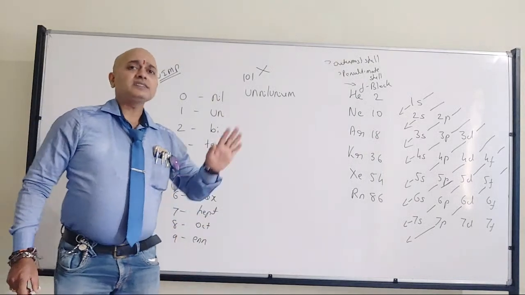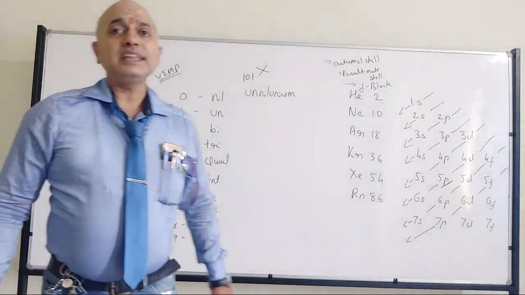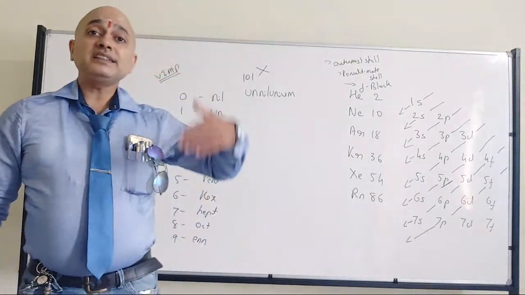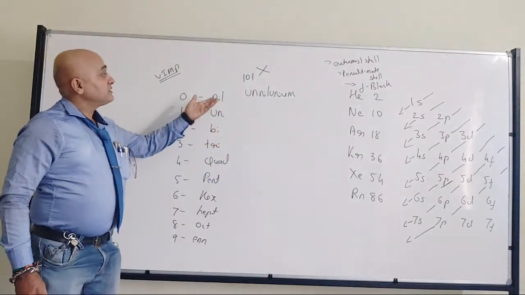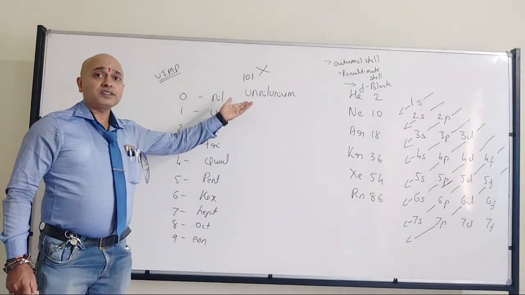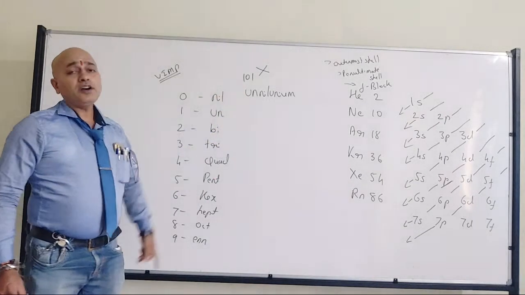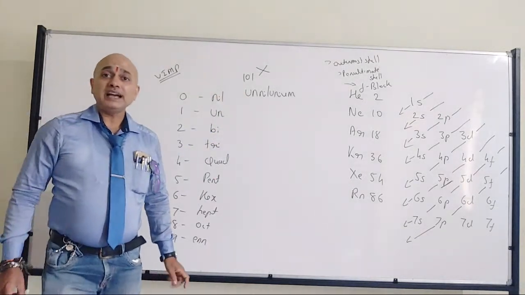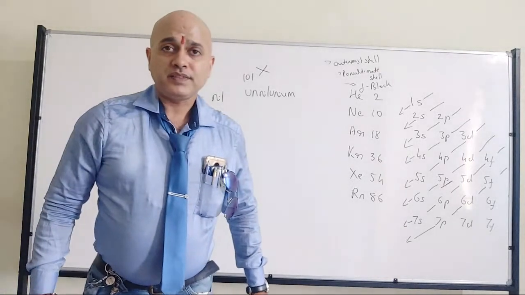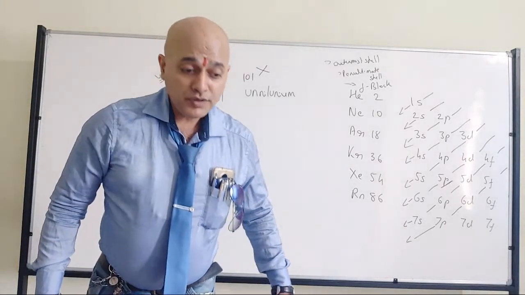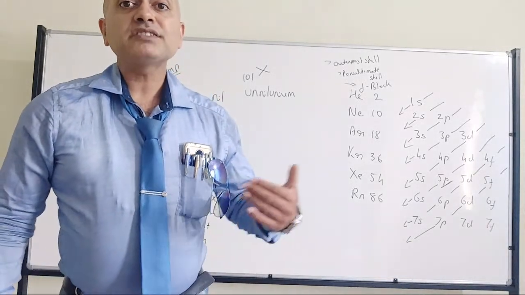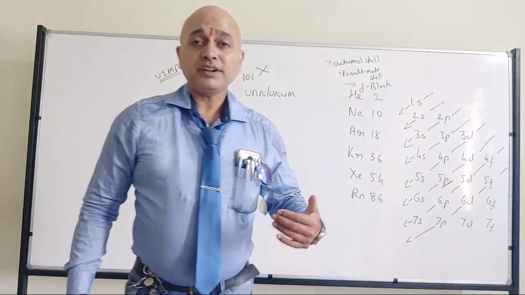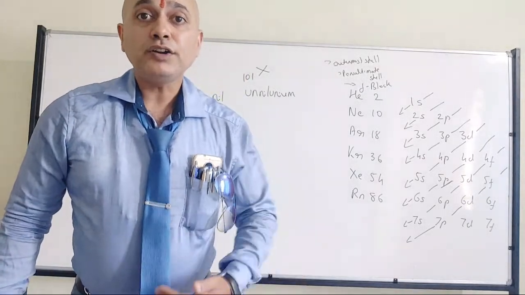Right? There are general names. They have given the name, like to credit the scientist for their contribution, like the 101 element will be called as mendelevium, to credit Mendeleev's contribution.